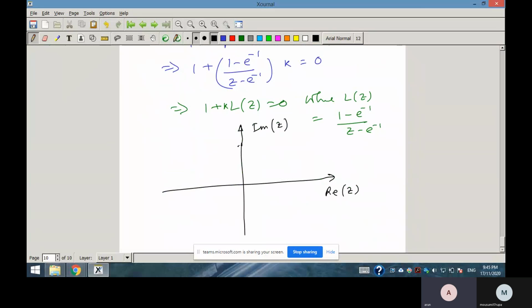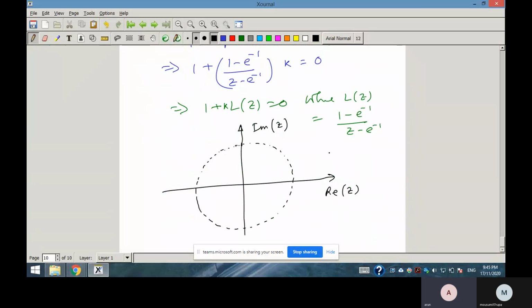So here first you should draw the unit circle. Same thing like the continuous time domain, only the unit circle size; all the rules of root locus will be valid. So here, what is the open loop pole location?